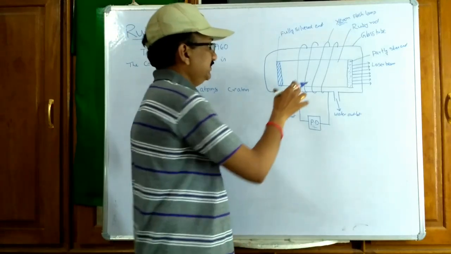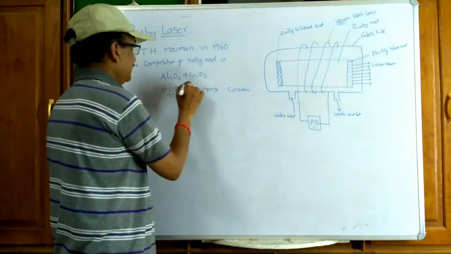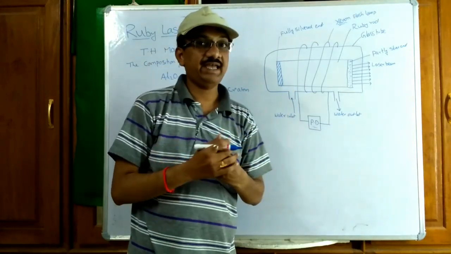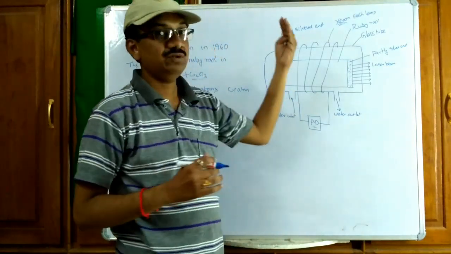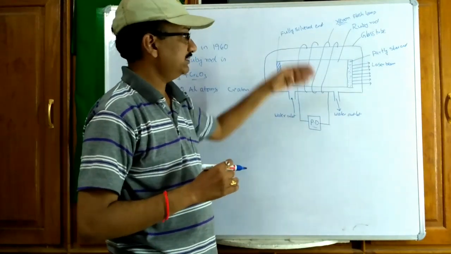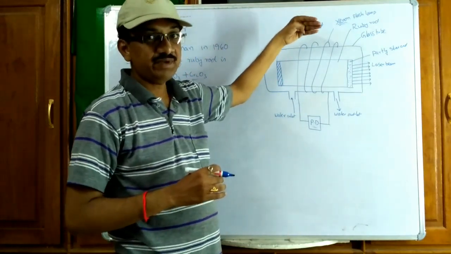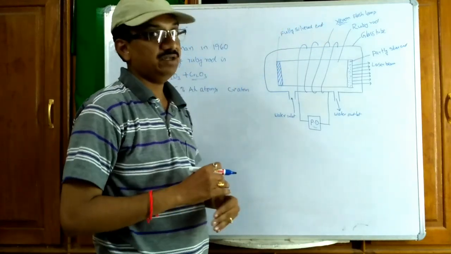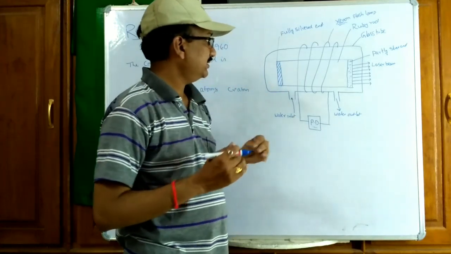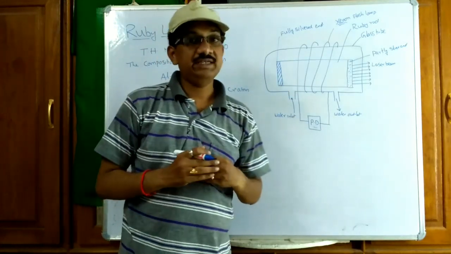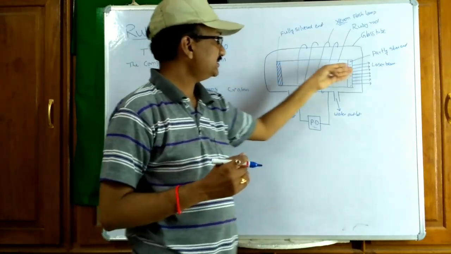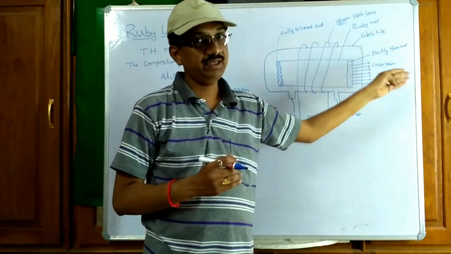In this active medium, the chromium atoms, the minority atoms, get excited and go to the excited state. Due to repeated flashes, these excited atoms also come to the ground level before their lifetime. Then they give a stimulated emission, and there is a laser beam at this end.